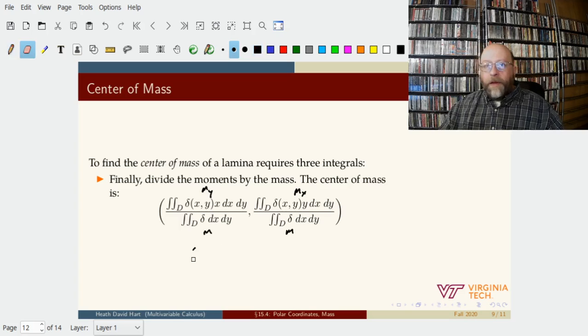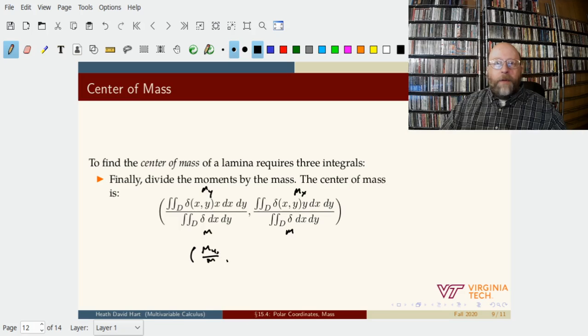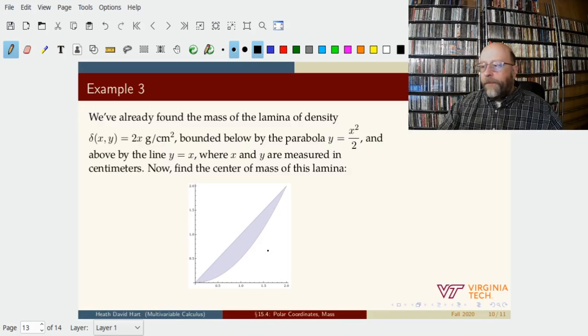Okay, so if we wanted to abbreviate this, this is just My over m, comma, Mx over m. And this gives us the x-coordinate and the y-coordinate where the shape would balance. This is the center of mass. Okay?